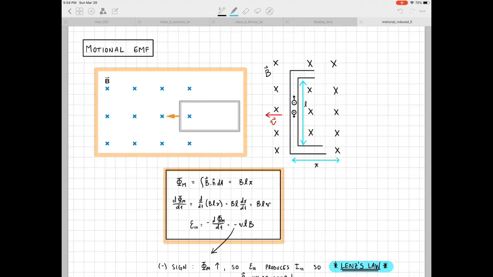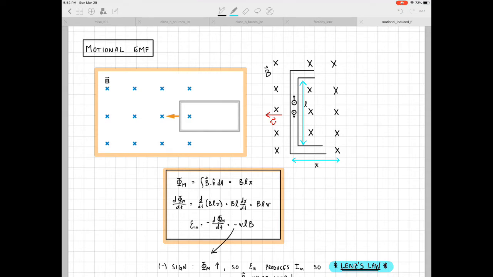All right, so now that we've talked about Faraday's law and Lenz's law, we can look at a particular instance where we get an induced current, and that's when our conductors are moving through magnetic fields. This is termed a motional EMF.